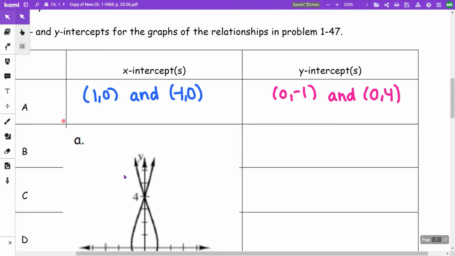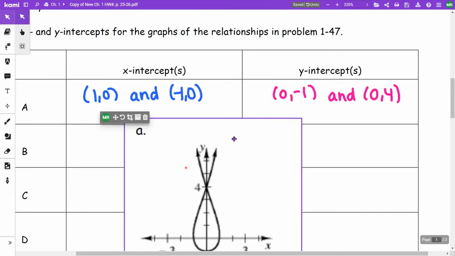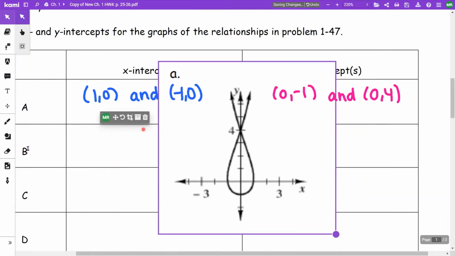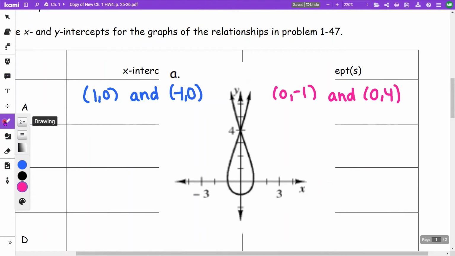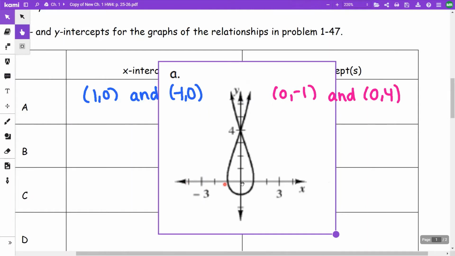Now, just using this as an example, I'm going to move this back up. When I am trying to find an x-intercept, notice that as I'm going across the x-axis, any point on the x-axis, this point here is 0, 0, 1, 0, 2, 0, 3, 0. Going the other direction, -1, 0, -2, 0, -3, 0.